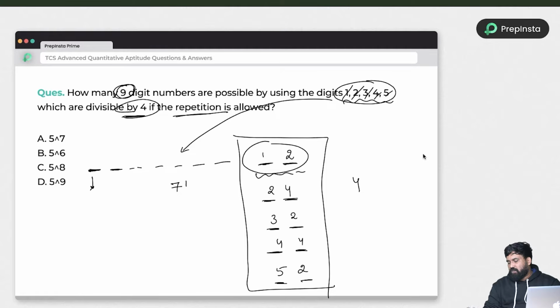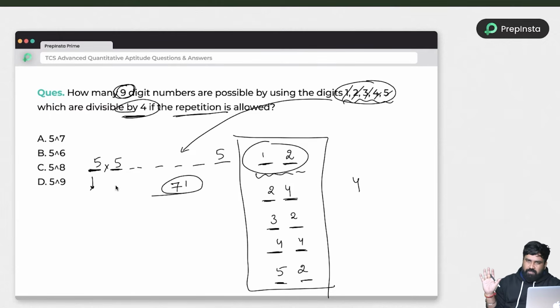So simply I am telling you in the same pattern. In the first place I can place 5 numbers, in the second place also I can place 5 numbers, and so on up to 7 times I can place any of the 5 numbers. So 5 into 5 into 5, all the 5 ways, right? So 5 ways each, and 7 times means 5 power 7.